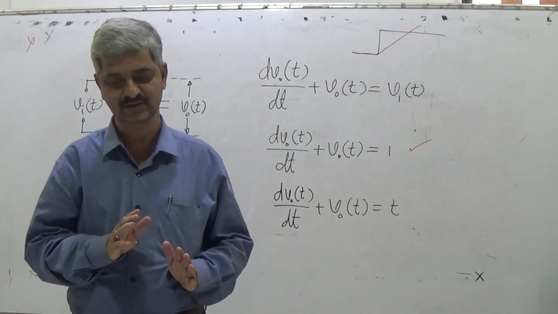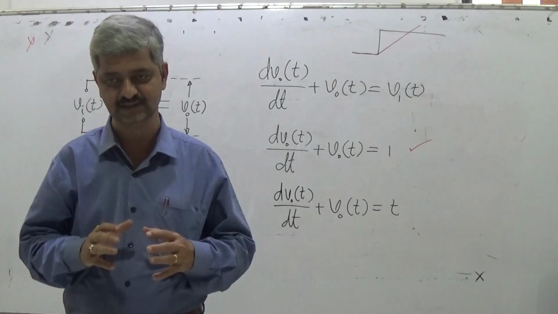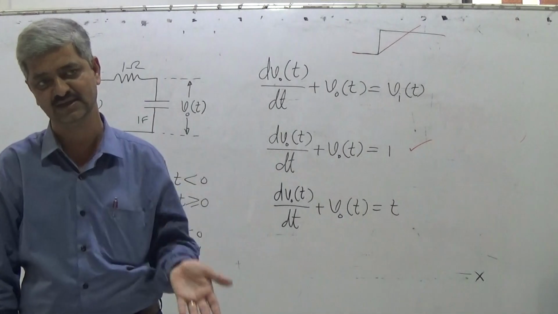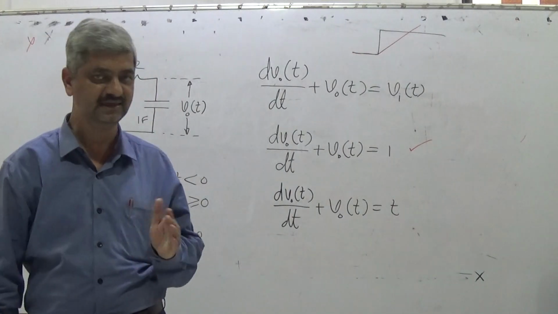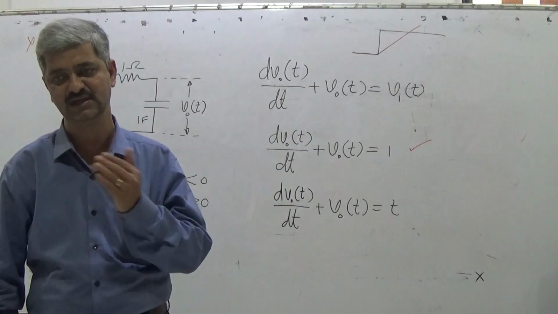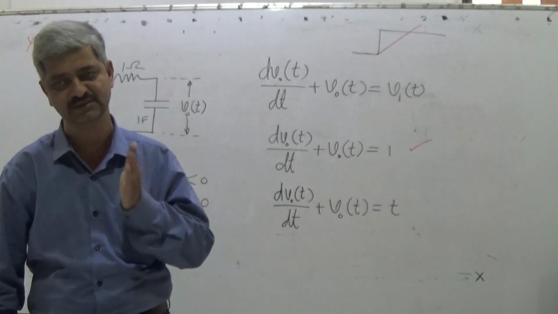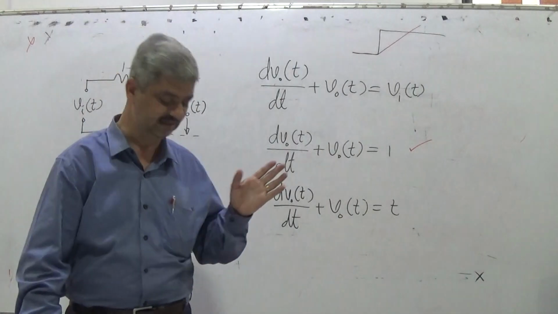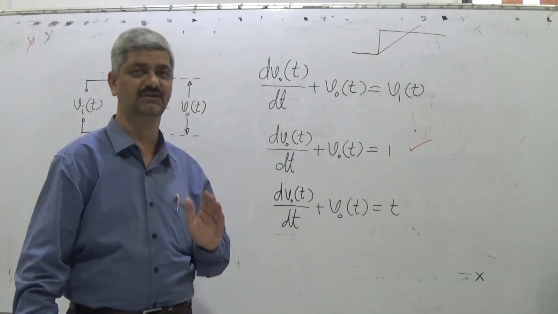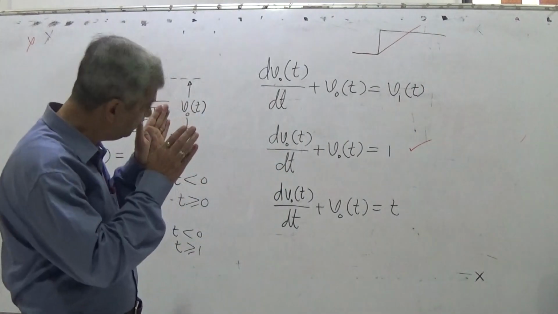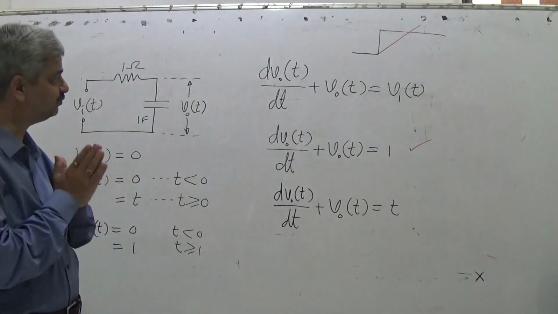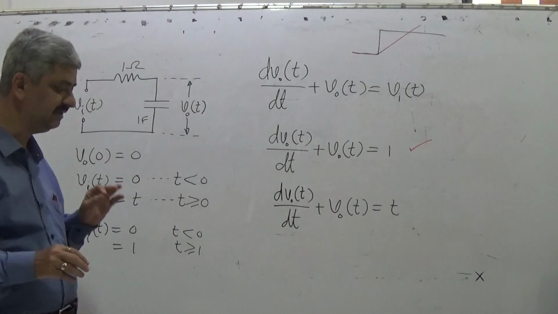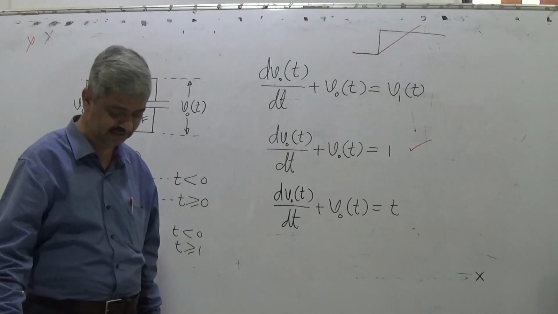For a resistance there is a linear relationship between voltage and current, but for a capacitor there is a differential relationship between voltage and current, and because of this there is a complete change in the entire treatment and a differential equation comes into the picture. So the time derivative dVOT by dt comes into the picture, which we need to address.